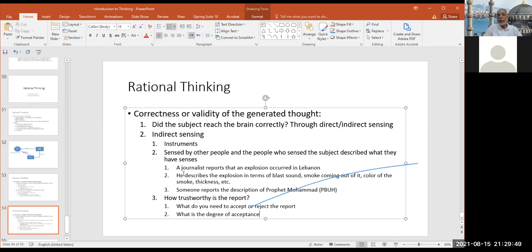So I need to listen to the whole speech. So I take the text, which is the text I need to think about. It's not the text that was narrated by the journalist.